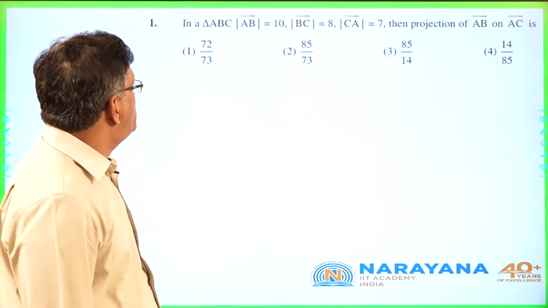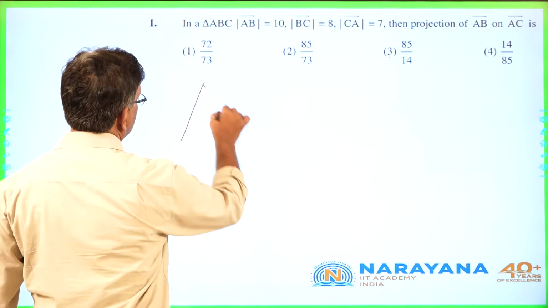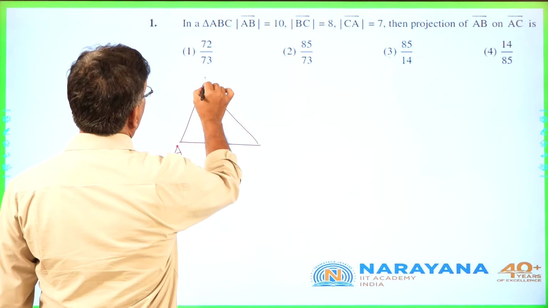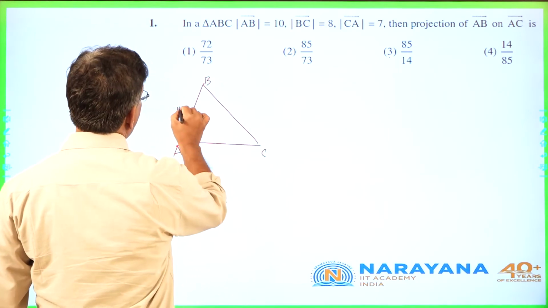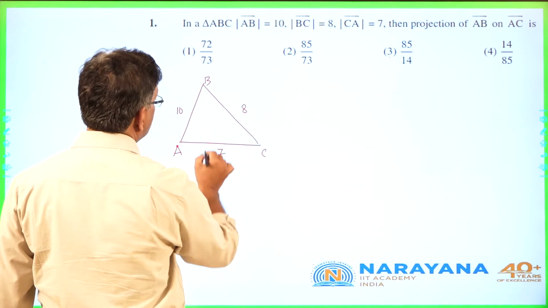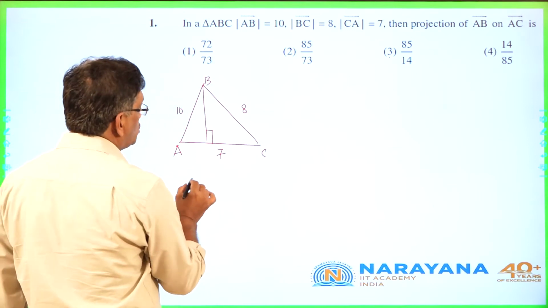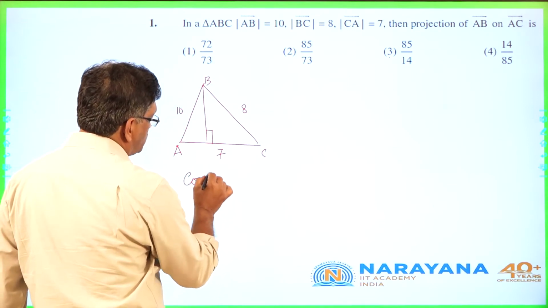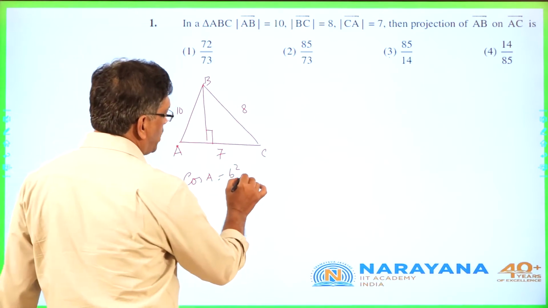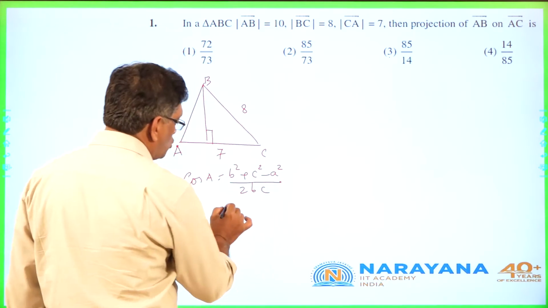In a triangle ABC, AB equals 10, BC is 8, and AC is 7. Drop a perpendicular. We know that cos A is equal to, from properties of triangles, b square plus c square minus a square by 2bc.